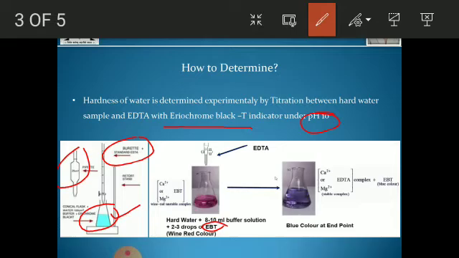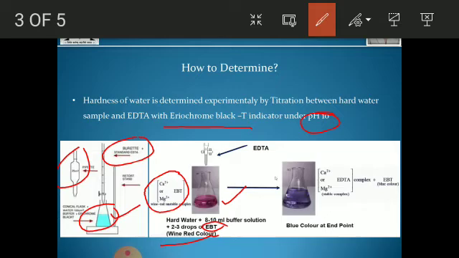This EBT will form a temporary complex compound with calcium or magnesium ions of the hard water sample, and the color of this complex is wine red. So here it is, wine red in the conical flask.